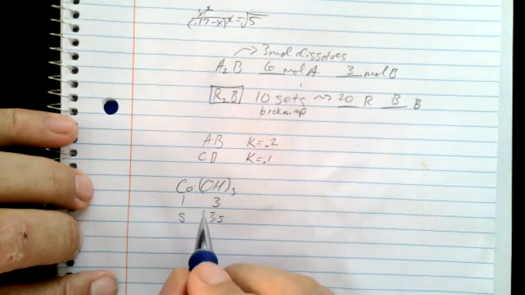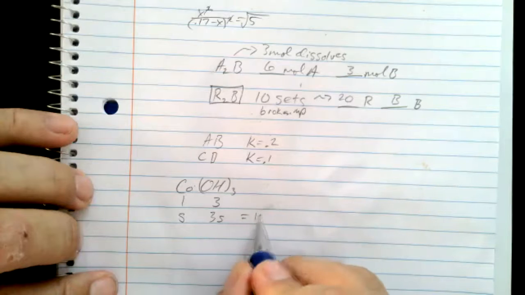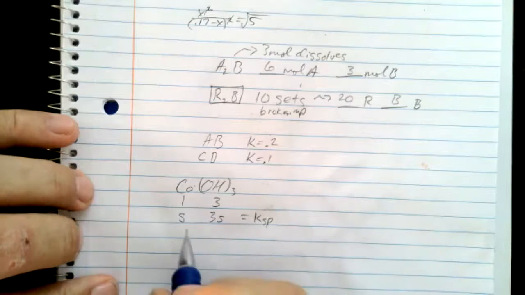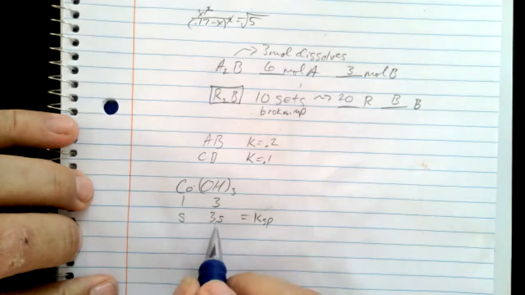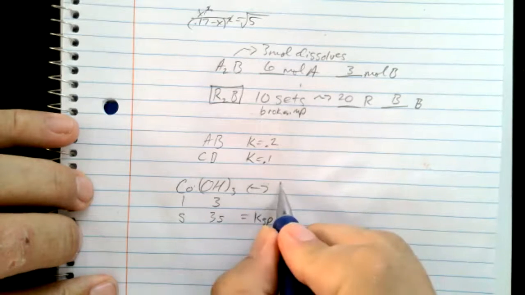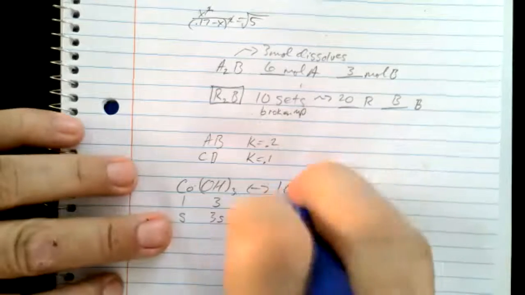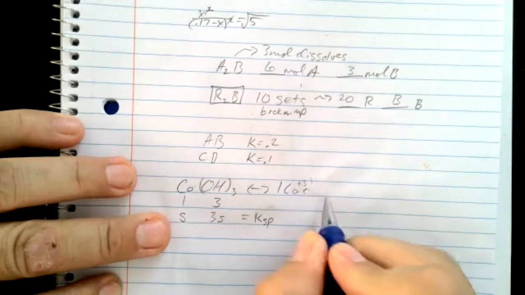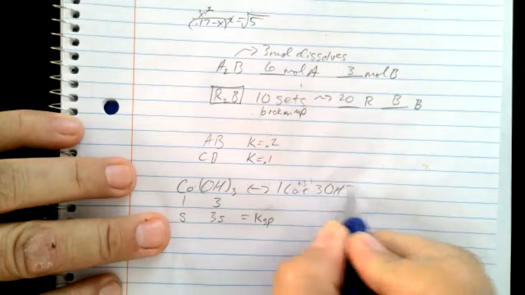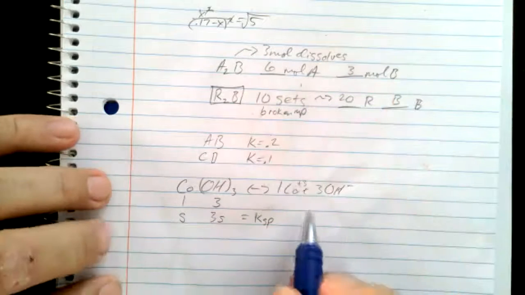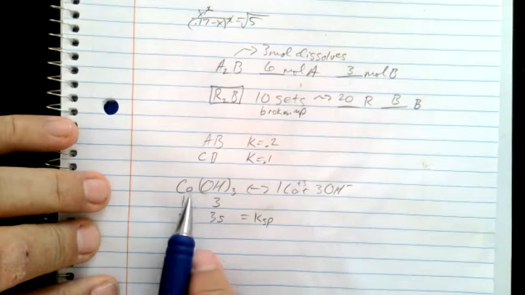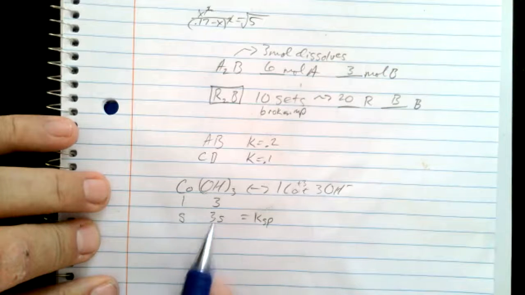Yes. And then when we're doing K, or Ksp in this case, it doesn't super matter. The concentration is taken here. Let me do this: 1 Co plus 3 plus 3 OH minuses, right? These are the concentrations because when I dissolve one of these, I will get one of those and 3 of those.